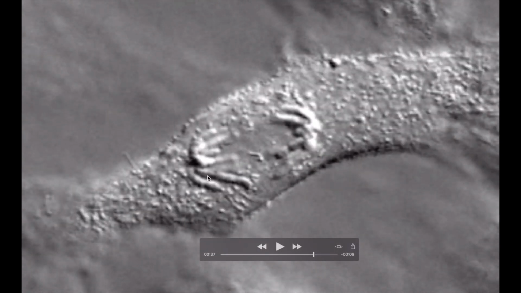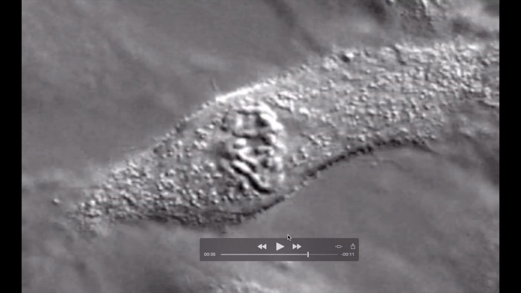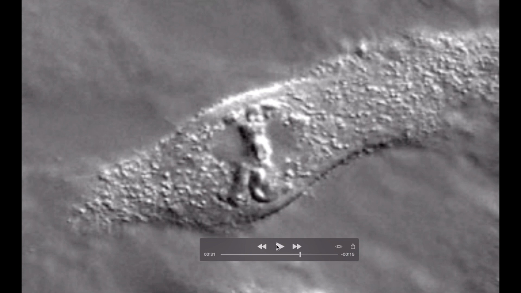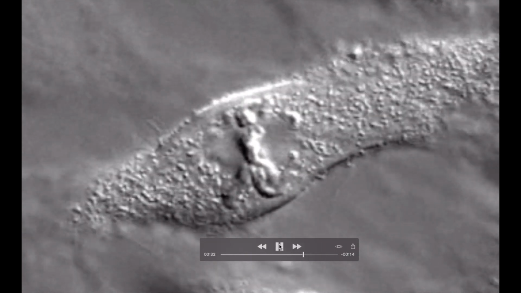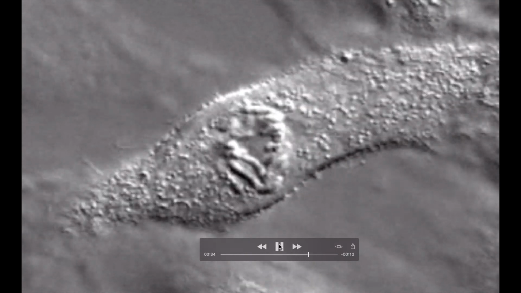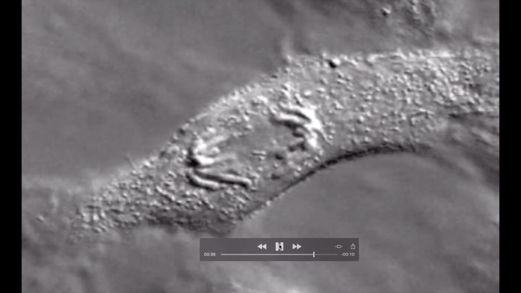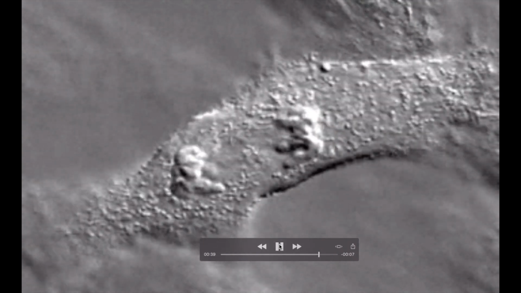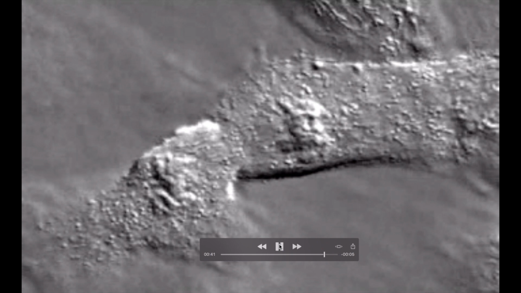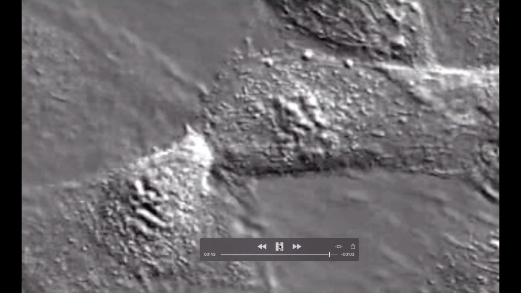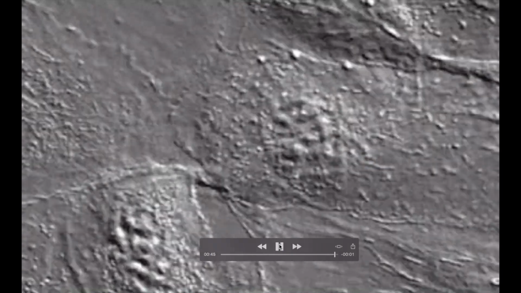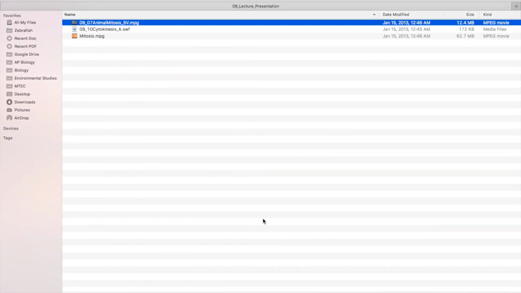So you can't see the spindle fibers reaching out to grab them, but that's that moment. Here's metaphase, then boom, you've got anaphase as they pull apart. Telophase and cytokinesis as the new nucleus forms and the cytoplasm is cut. And you've got two identical cells, like magic.